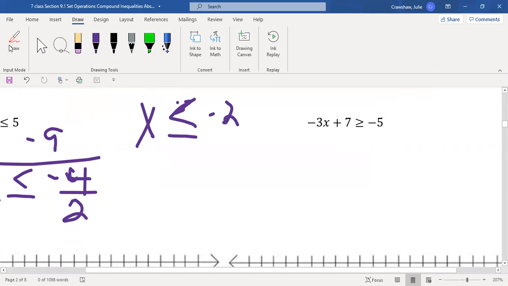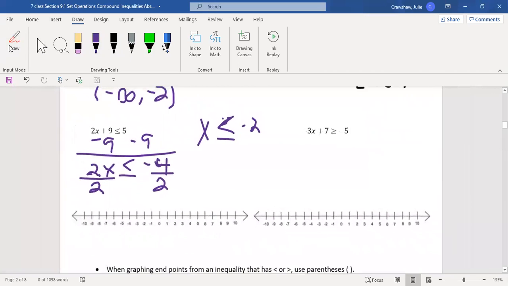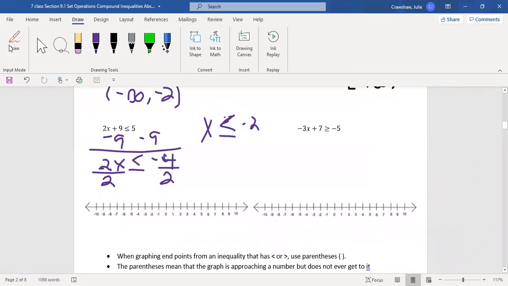Okay, so now we're going to graph that on our number line. Because it has a line underneath the inequality sign, I'm going to have a bracket. So I'm going to come over here, start at -2, and my arrow is pointing to the left, so it's going to go to the left.